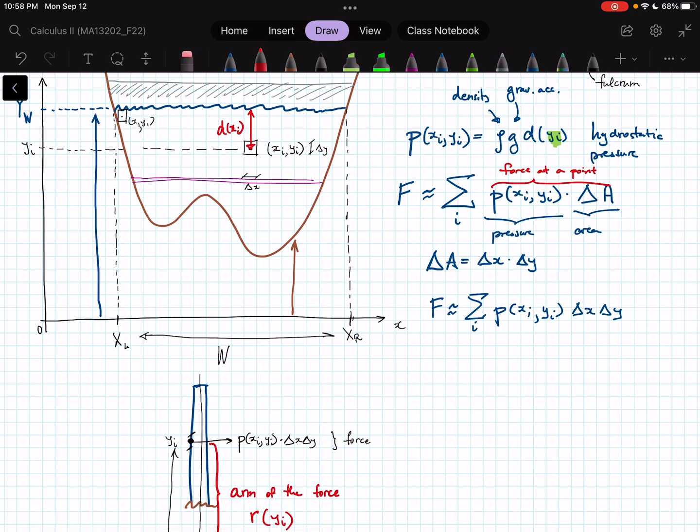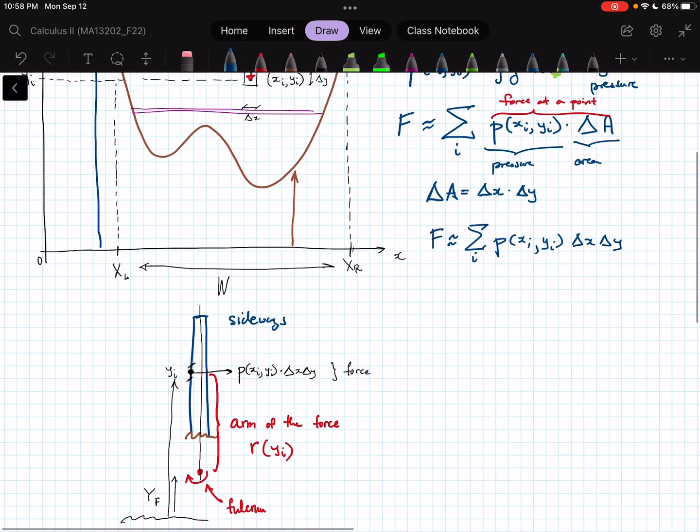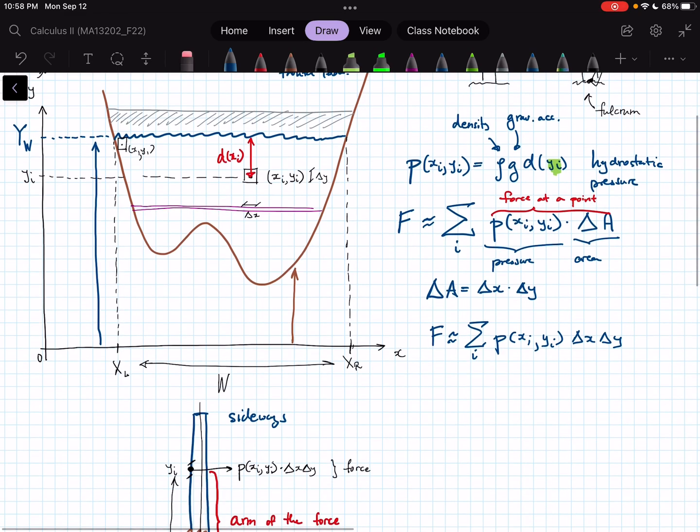So if I'm looking at the dam here, this is the sideways look at the dam, whereas this would be the frontal look. If I'm thinking about, again, force acting on our test strip, if I'm trying to compute the torque that results from that force, meaning the torque that's going to be toppling the dam in or out of the screen, I have to establish a line of the fulcrum as well.